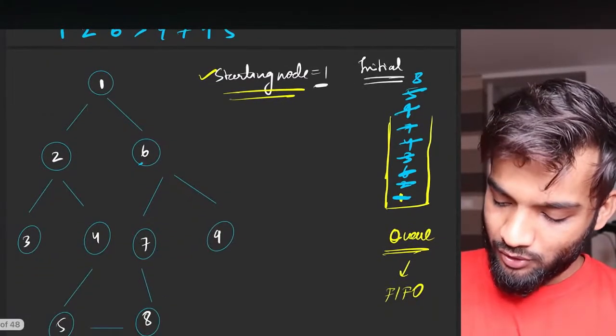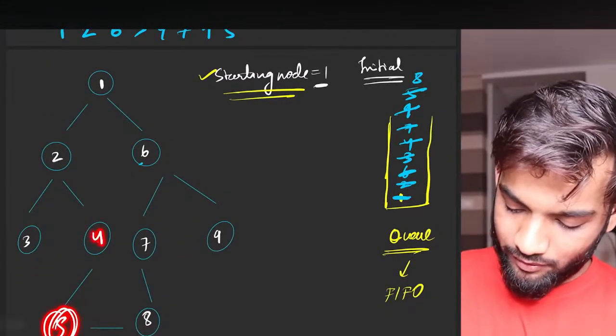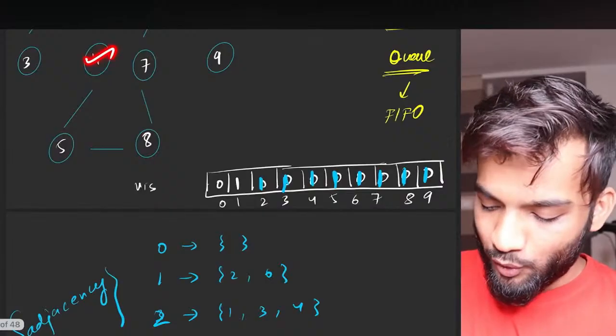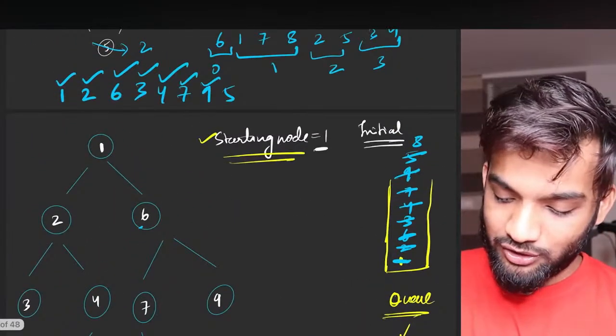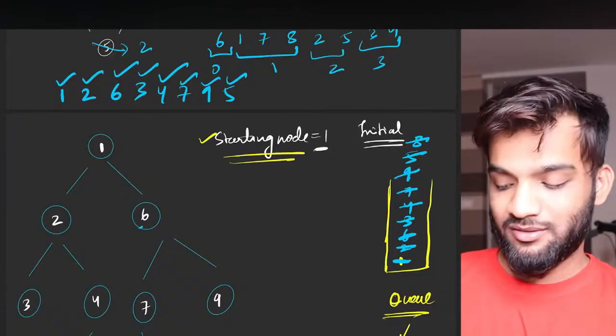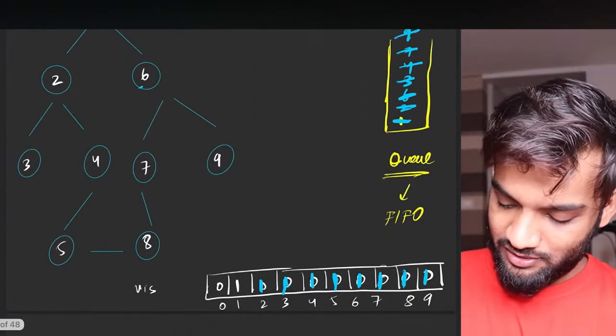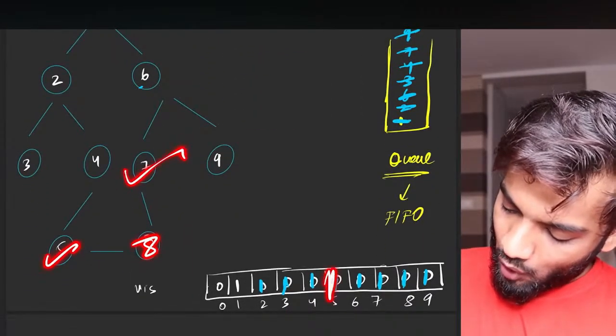Next, take 5. For 5, who are the neighbors? 4 and 8, and if you carefully see, both are already visited. So no need to do anything. 5 is also done. Next, take 8. For 8, 5 and 7 are already visited.